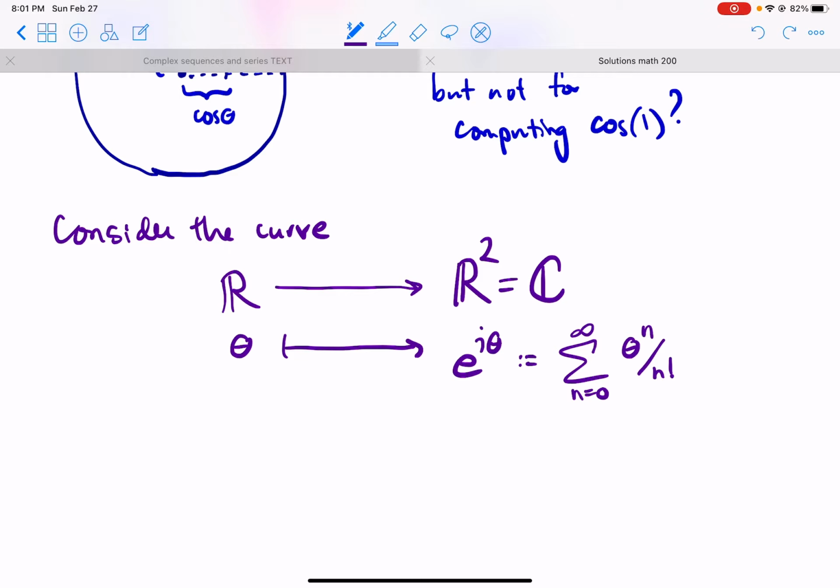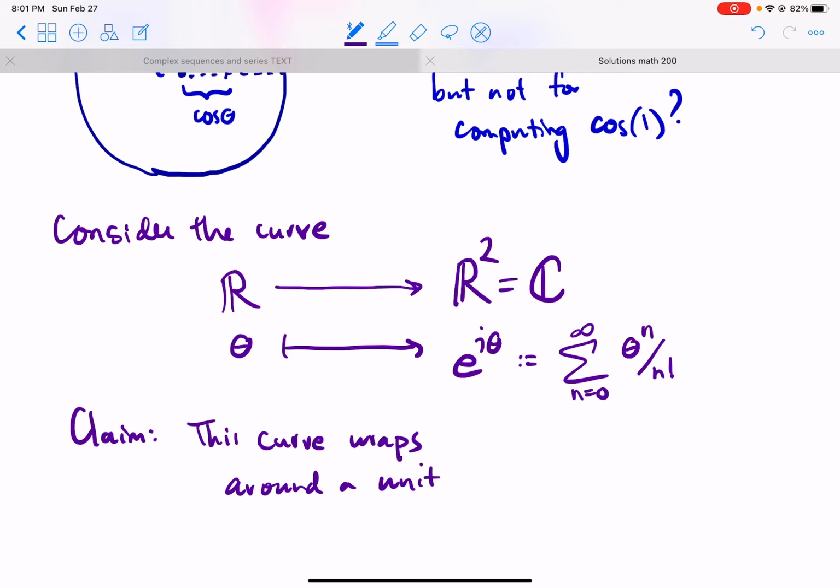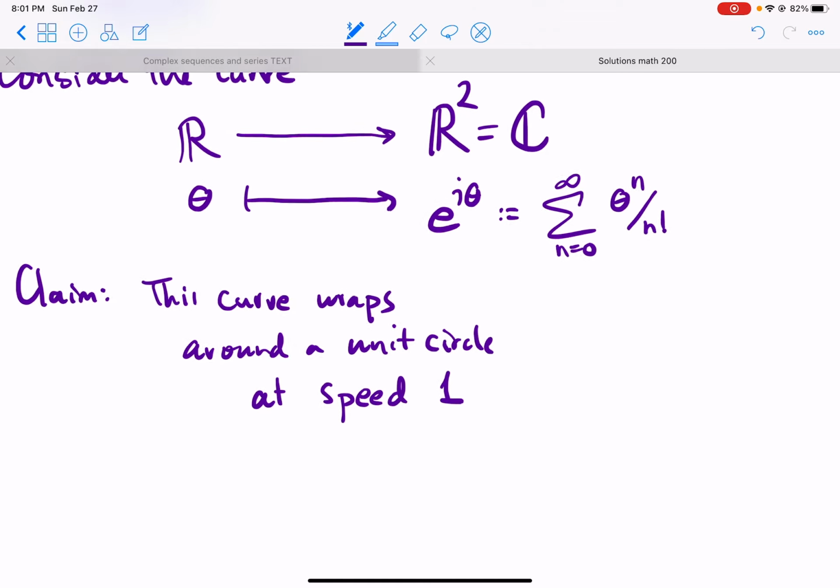This gives a curve in the plane. So consider the curve. And what are we going to claim here? So the claim: this curve wraps around a unit circle, and this is crucial, at speed 1, at unit speed.